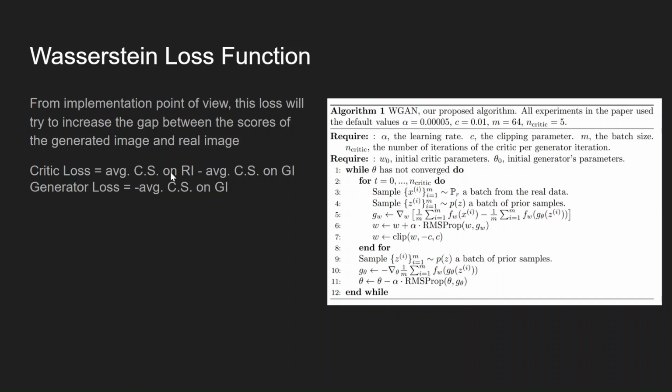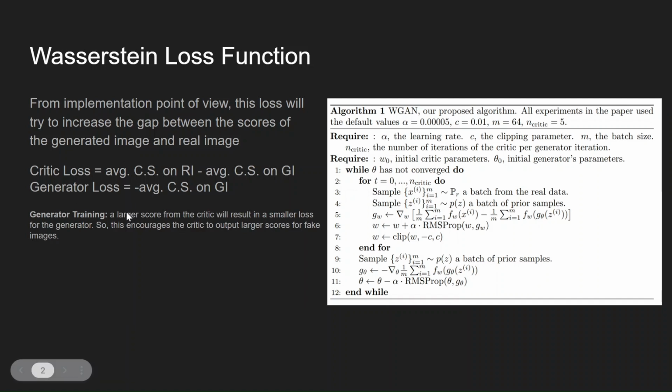Let's understand how they are going to increase the gap between the real image and the generated image. First of all, in case of the generator, why do we need this negative sign? If the critic outputs a larger score for the generated image, this negative sign is going to convert that score into a smaller loss.